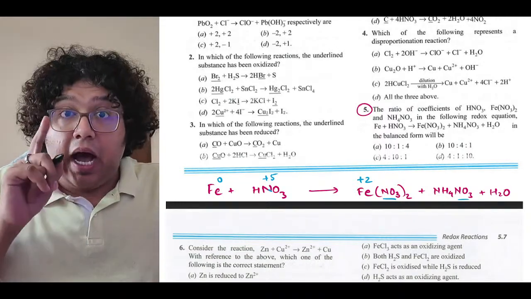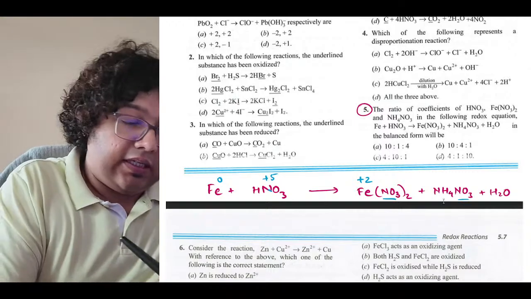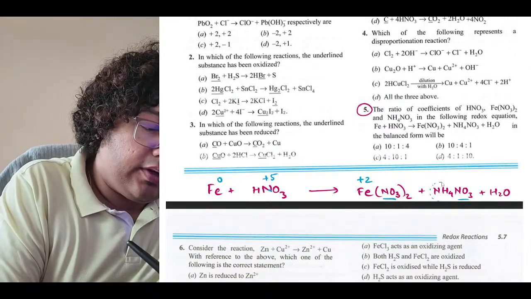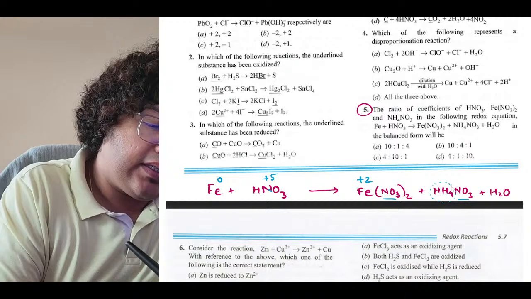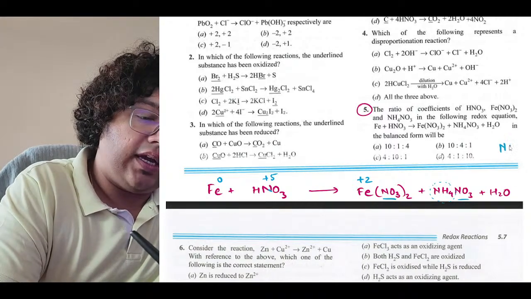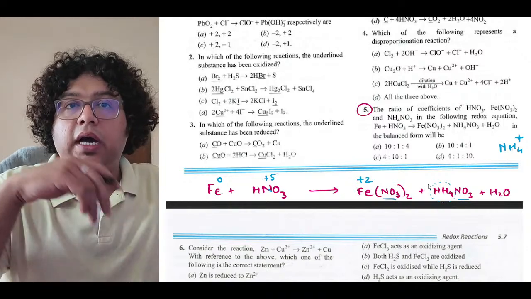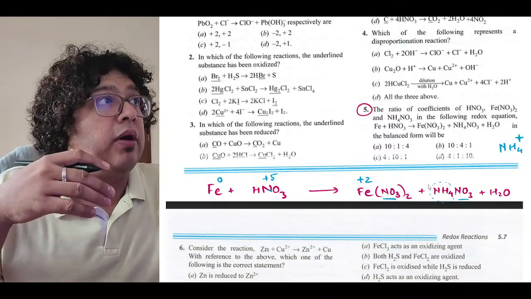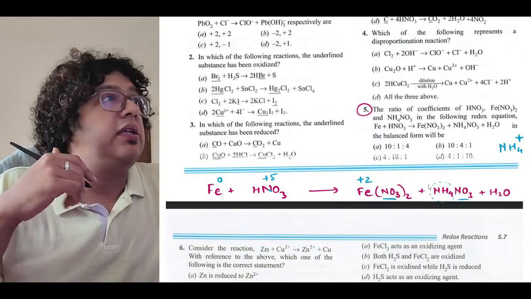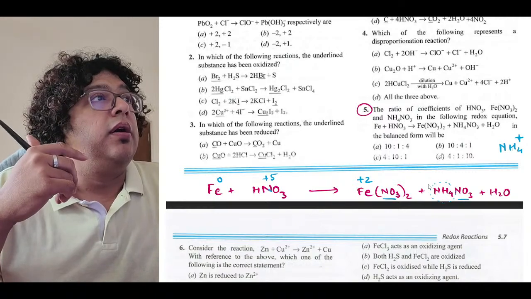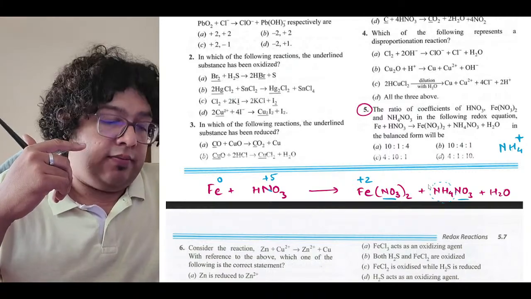Now, in this case, the ammonium ion, as you can see, is the only one where nitrogen is in -3 oxidation state. Can you see ammonium? It is NH4 plus. Perfect. NH3, yes, Pranav, perfect. Ammonium dichromate, Meera.